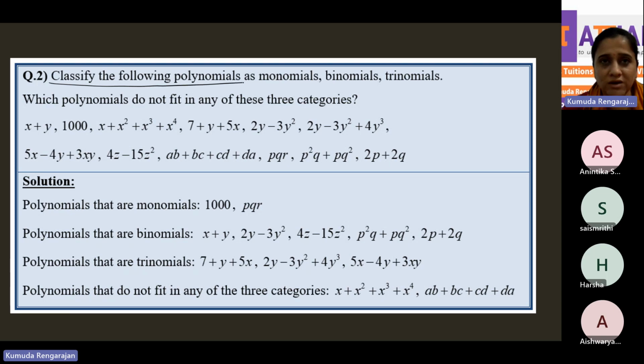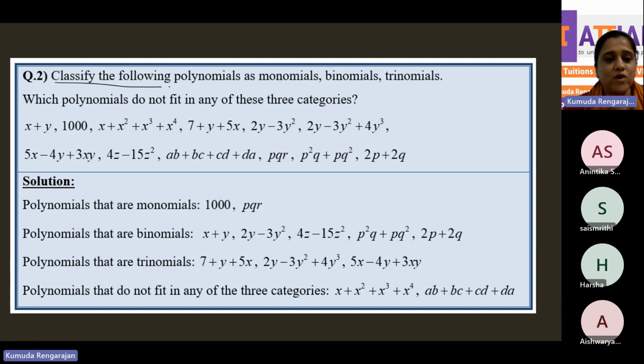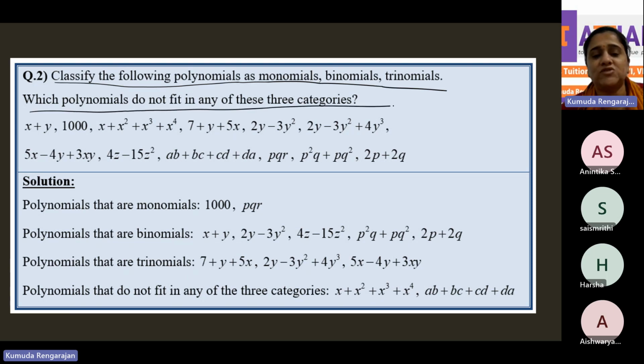Classify the following polynomials as monomials, binomials, trinomials. I think now your doubt will be, this is the heading. Which polynomials do not fit into any of these three categories?